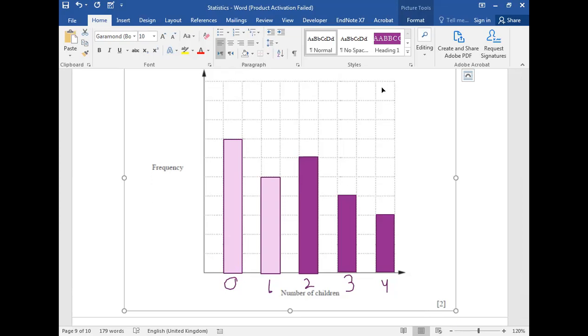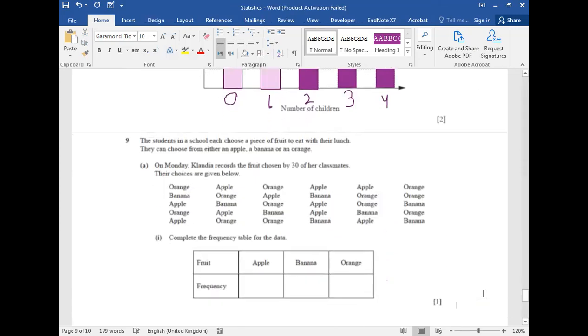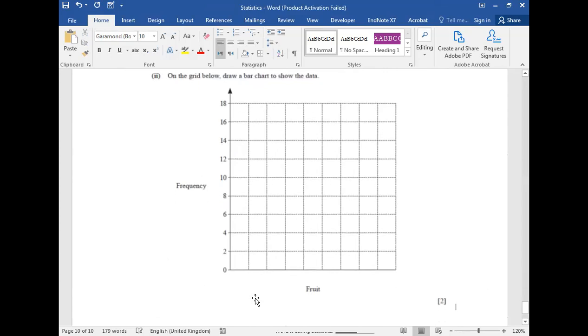I would want you people to do that. So first you have this data. Again, I just told you it is qualitative data. And then you need to make a bar chart for this one.